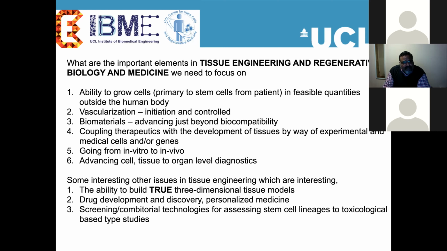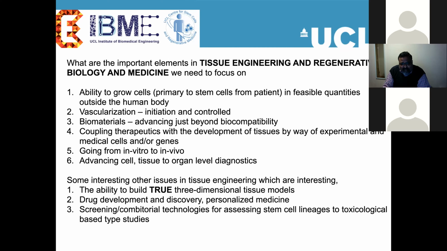The use of all of these is that you can actually start building tissues which can be used for therapeutics, where you can start including medical cells and or genes. Obviously, I'm a great believer in in vivo work and not so much in vitro, because in vivo has more varied nutrients, whereas in vitro is nutrient rich.